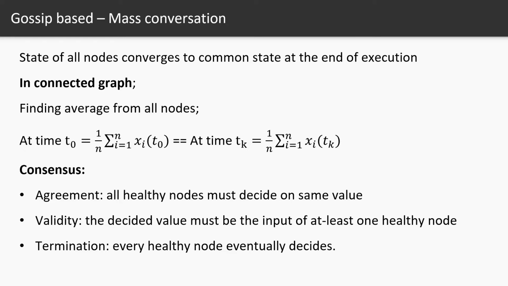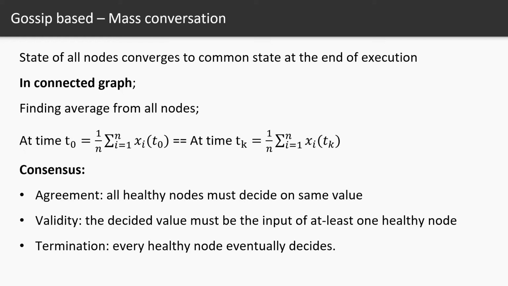Consider a distributed system with n nodes. Each node i has an input xi. A solution for the consensus problem must guarantee the following three statements. The first one is that all healthy nodes must decide on the same value, which is called agreement.